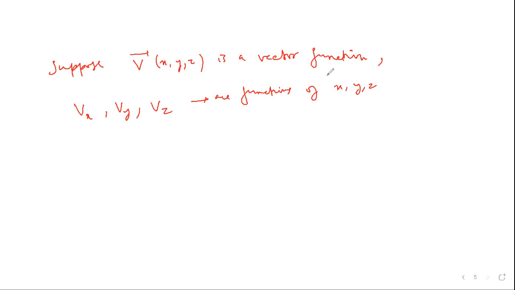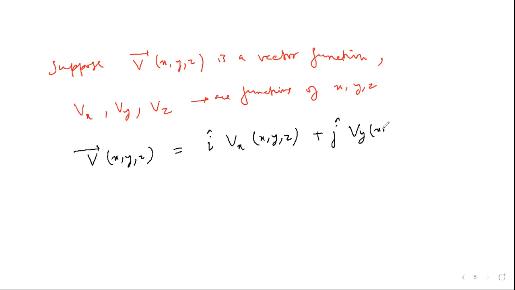That means v is some vector field. That is, v can be written as a function of x, y, z. It has x component vx, which itself is a function of x, y, z. It has y component, which itself is a function of x, y, z. It has z component, vz, which itself is a function of position. That means v represents a vector field.